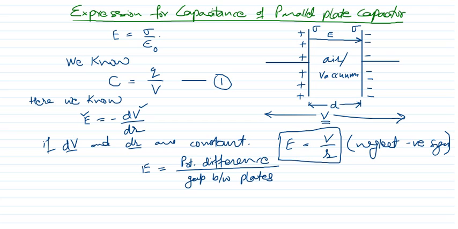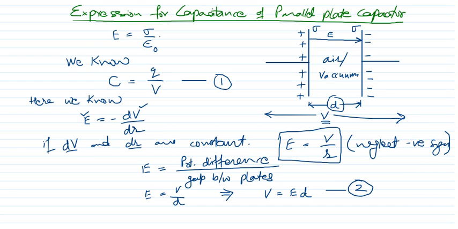Here we have applied the potential difference, that is V. And what is the gap between the plates? That is the spacing between the plates, here it is d. So therefore E is equal to V upon d, and from this equation we can write down V is equal to E into d. Is it clear? Now this is equation number 2.